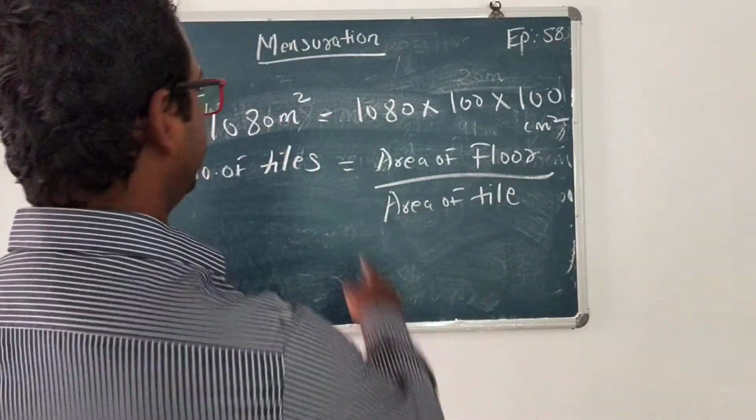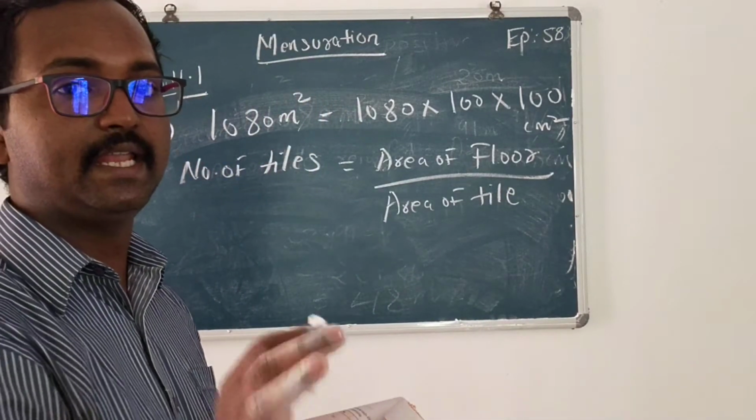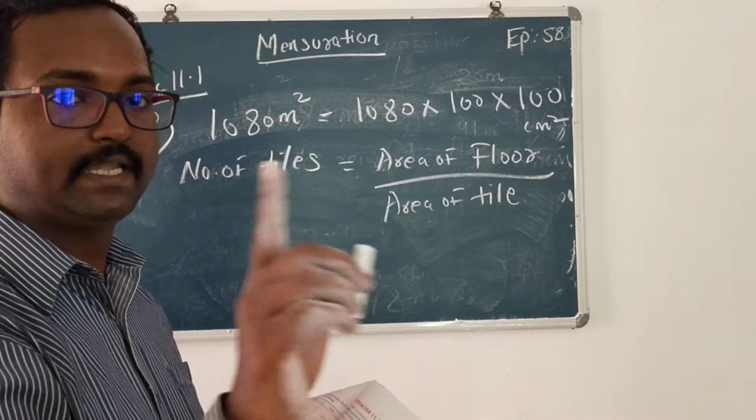So area of floor is this, divided by area of tile. The next step is to find the area of one tile.